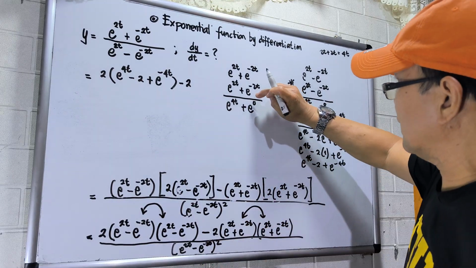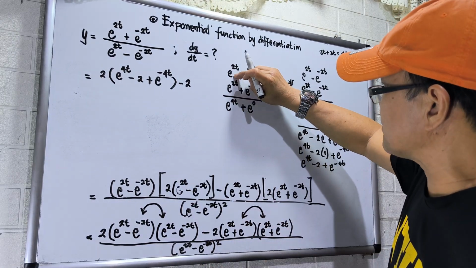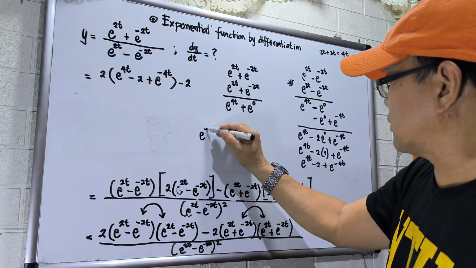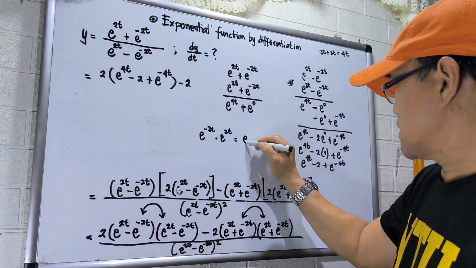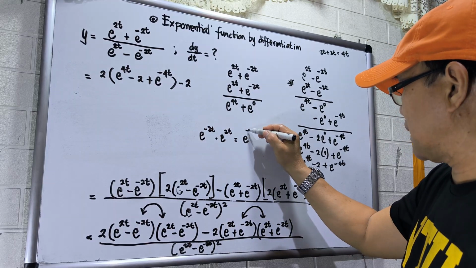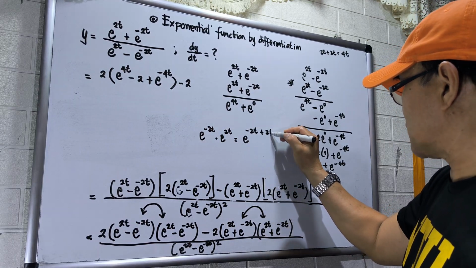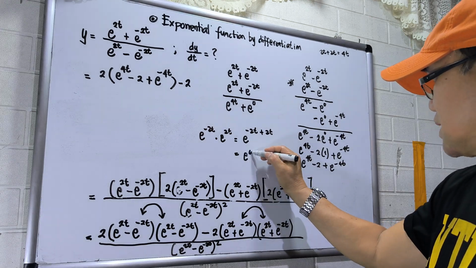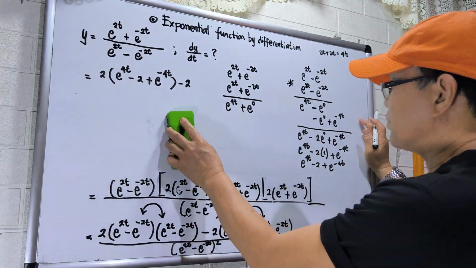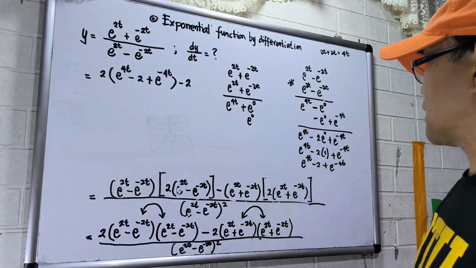Then, next will be e to the negative 2t times e to the positive 2t. So, add the exponent. So, this will be negative 2t plus 2t. So, this will be e to the 0.